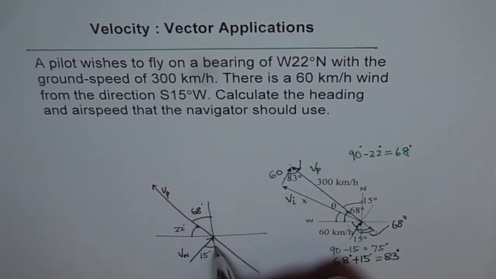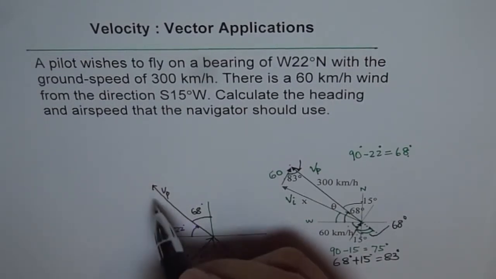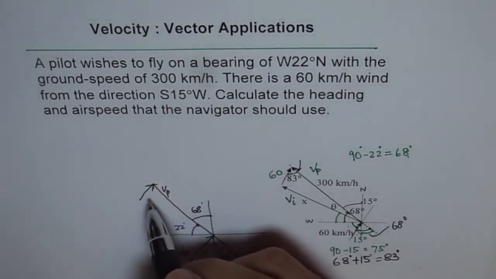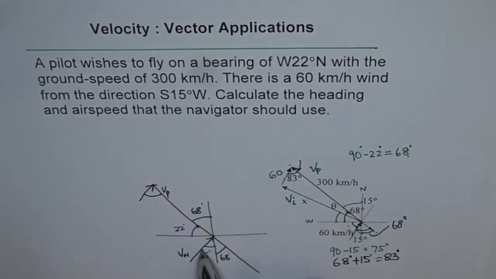So this is a vertically opposite angle, 68 degrees, correct? So when you add 15 and 68, you get that. Now let me translate this wind here. So this angle is the same as the total of these two, which is 15 plus 68, 83 degrees. So that is how we get our angle, correct? I hope now that is absolutely clear.